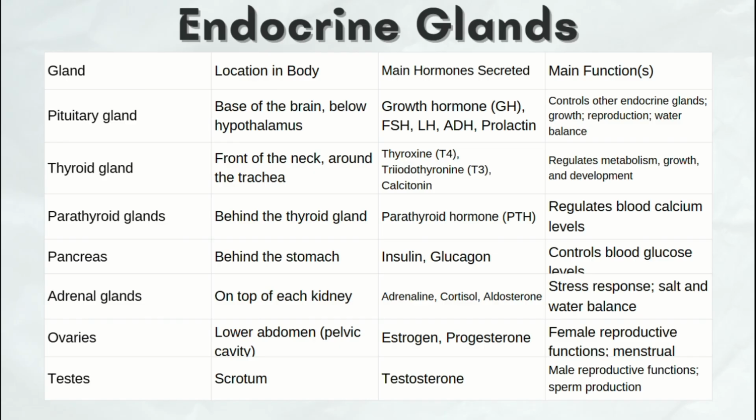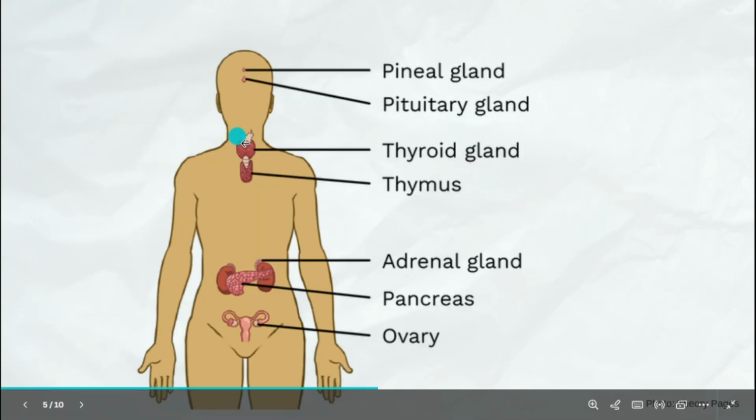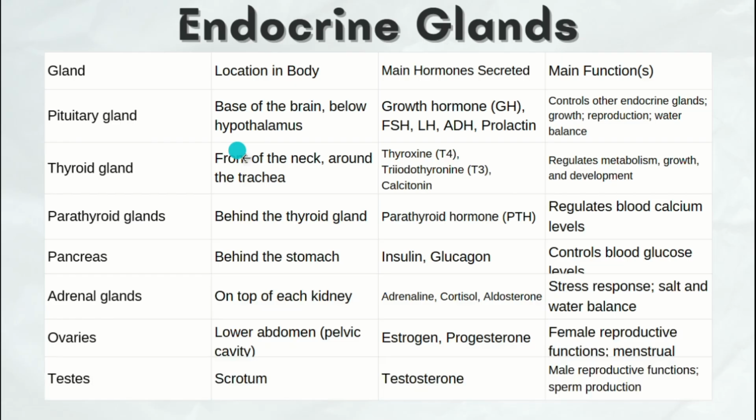We know that the pituitary gland is in the brain, the thyroid in the throat, and the parathyroid glands behind the thyroid gland. If we look here, the parathyroid gland is behind the thyroid gland right here. The pancreas, as I said before, adrenal, ovaries, testes, all that stuff.